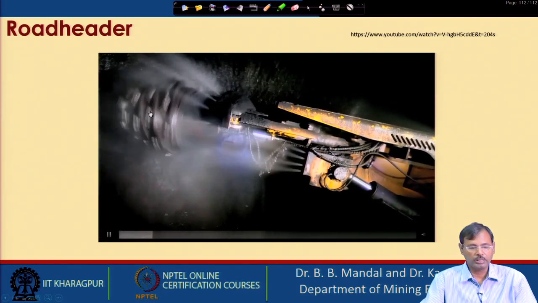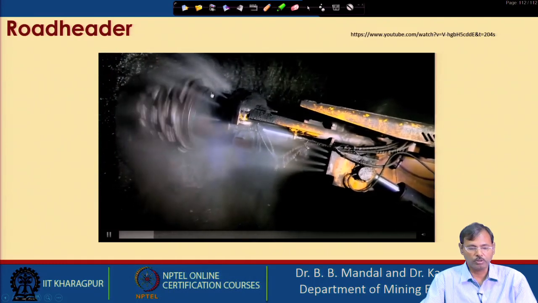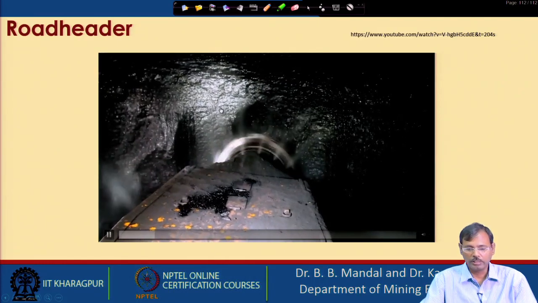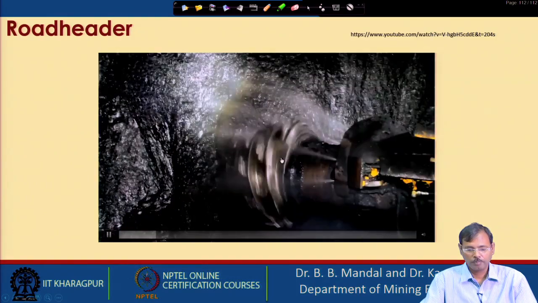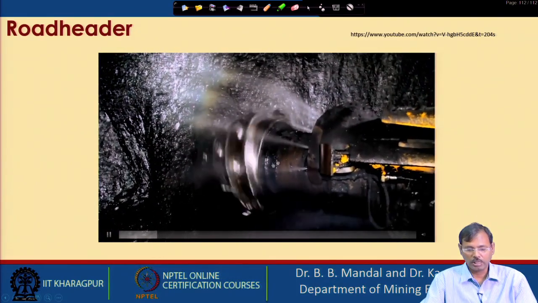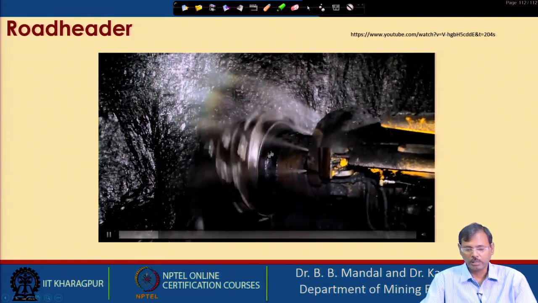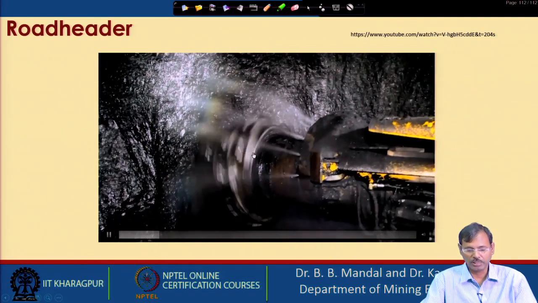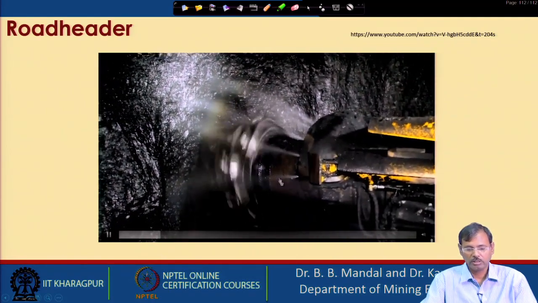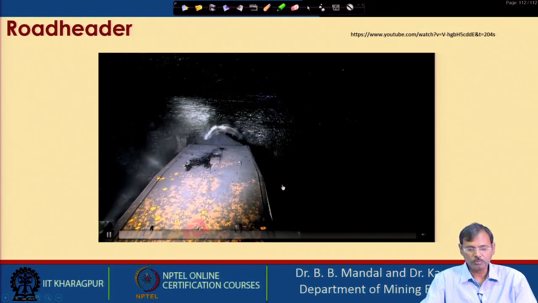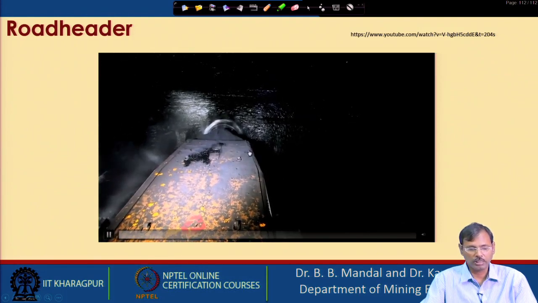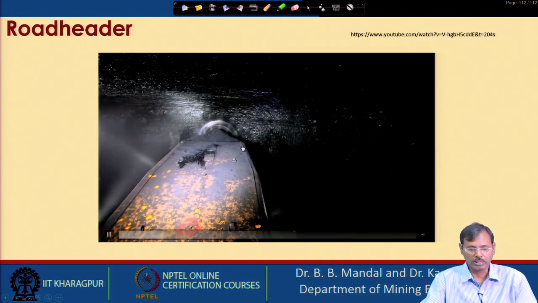As it is rotating, these point attack tools are striking the wall rock and dislodging the rock. You can see water is sprayed on this to suppress the dust. So, you can see it is not that dusty, though the cutting is going on.